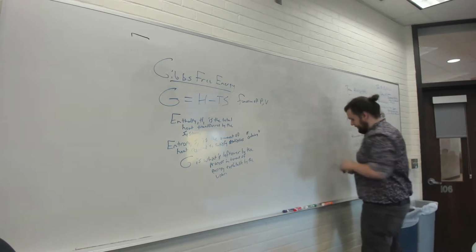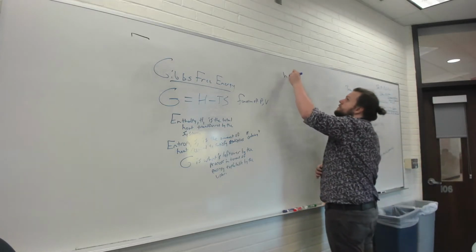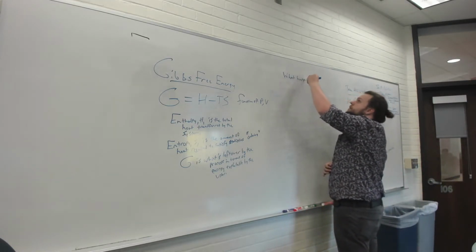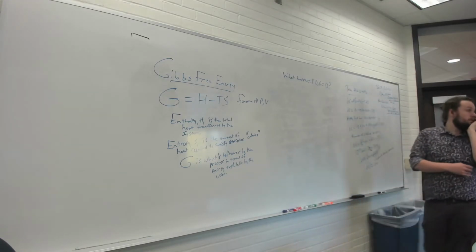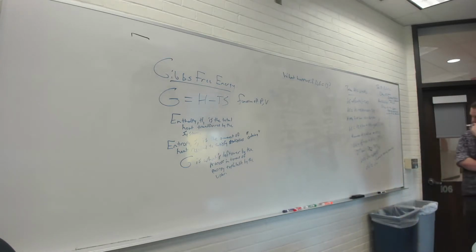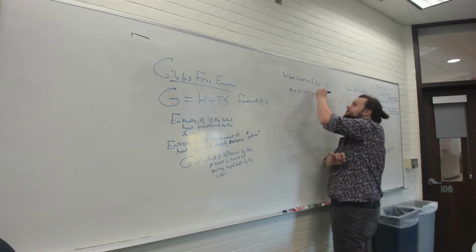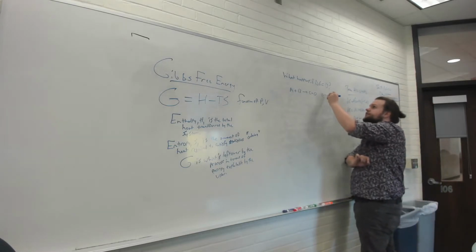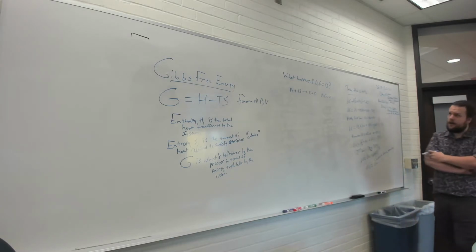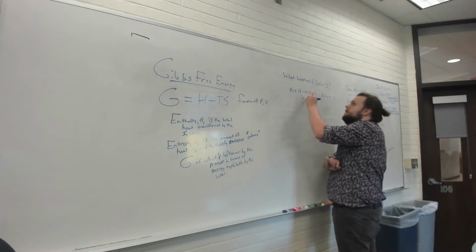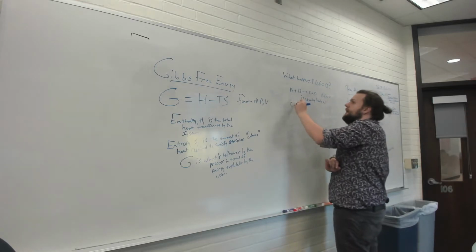Now I want to think about something here. What happens if delta G is equal to 0? What does that mean? Well, let's think about, again, a reaction A plus B goes to C plus D. If delta G is 0, that means that there's exactly enough energy in the system to pay the entropic cost, which means that it is equally likely as the reverse reaction.